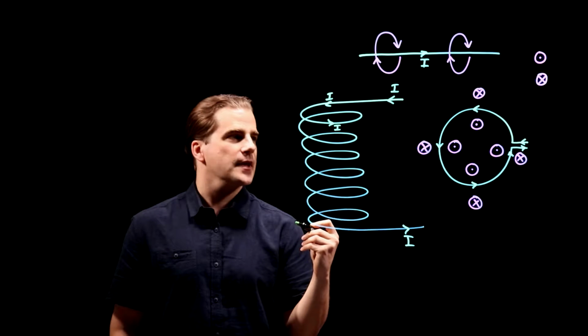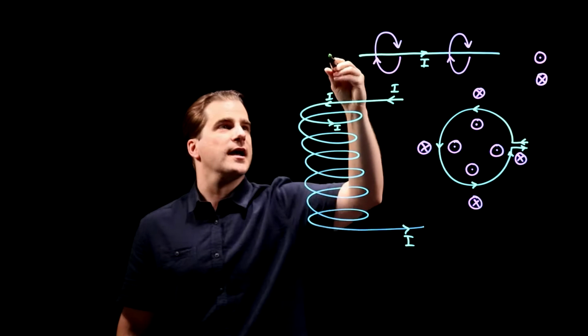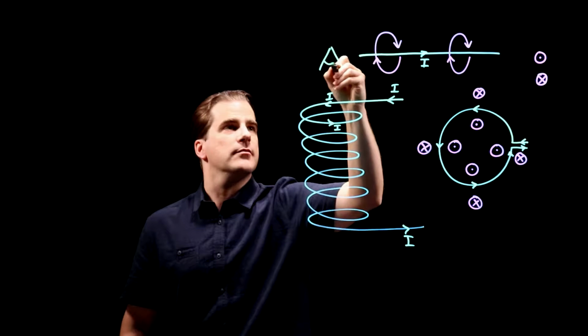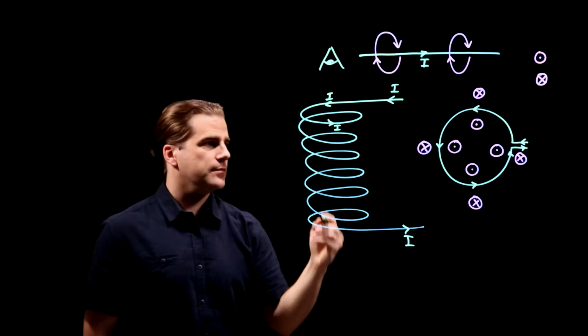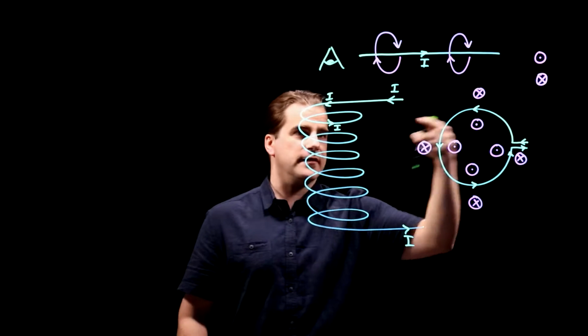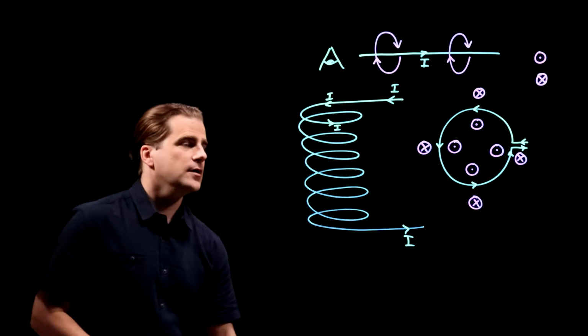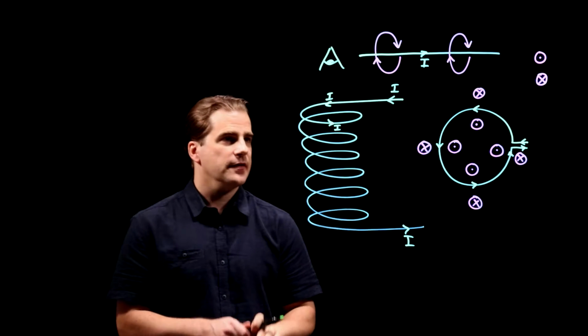Okay, because that would match up with this if we're looking at it from above. The bit's closer to you, current's going in that direction. Bit that's closer to me, current's going in that direction. Okay, good.